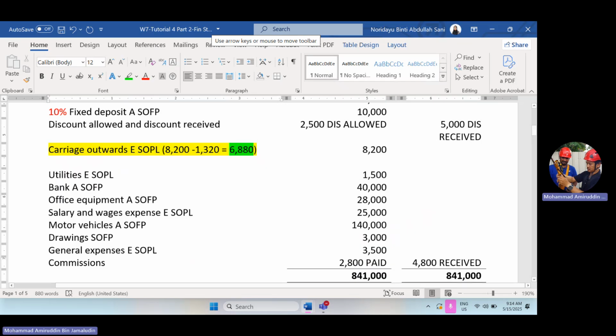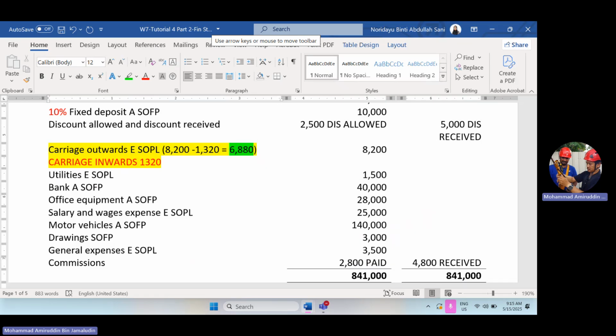It's not provided in the question. If you have any, you have to plus. Let's say the question gives you 1,000 debit, carriage inwards 1,000 debit. So you have to plus 1,000 plus 1320. So carriage inwards later on is 1320.